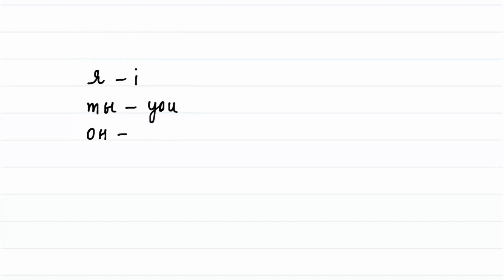On. On means he. Мы means we. We means you, but in plural form.